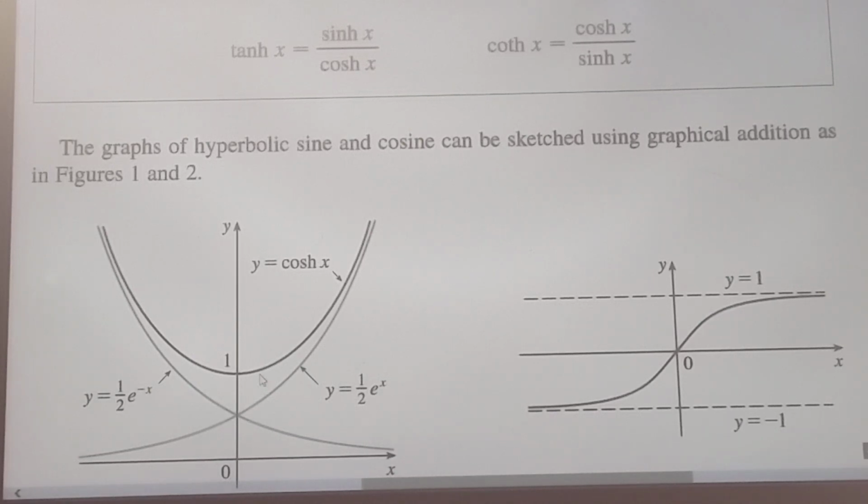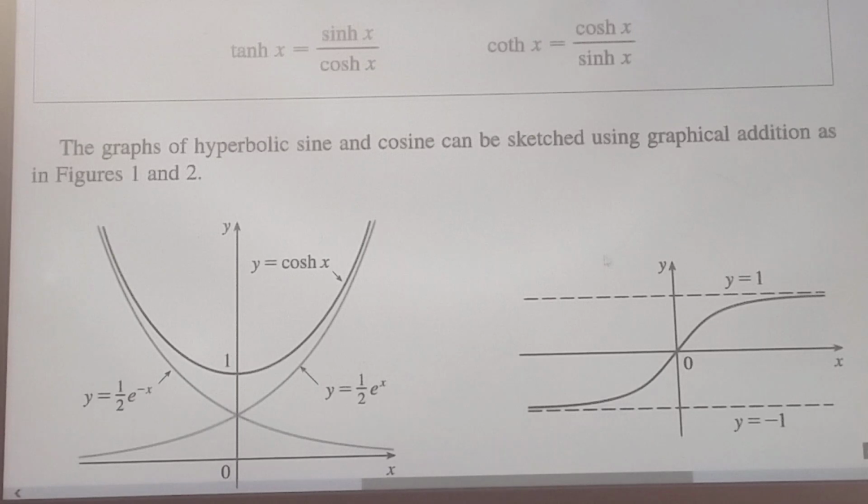It has been reflected in the y-axis, not in the x. The graph of half e to the power x has been reflected in the y-axis to obtain this graph. So if we add these two y's, we are going to get this cosh x.